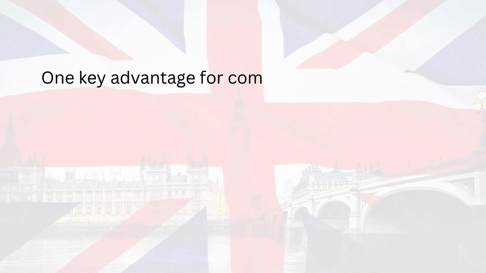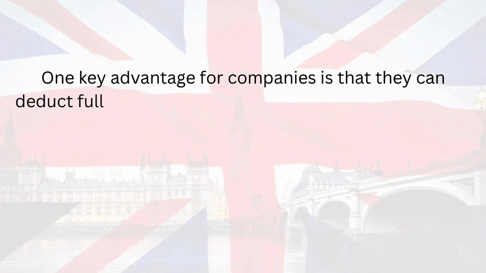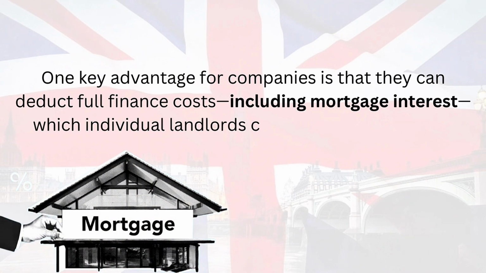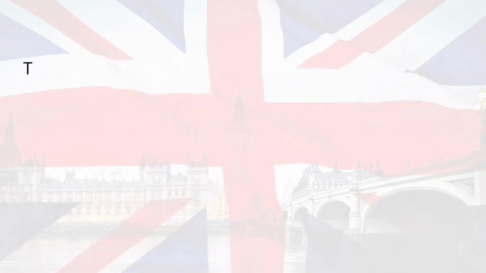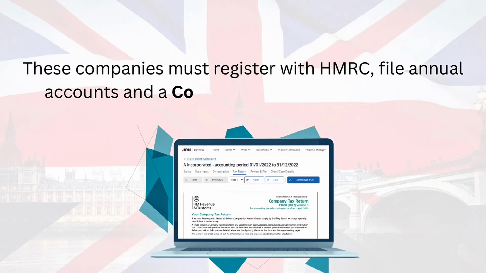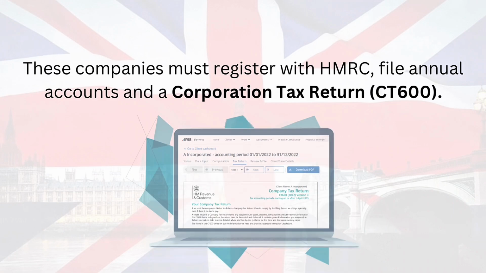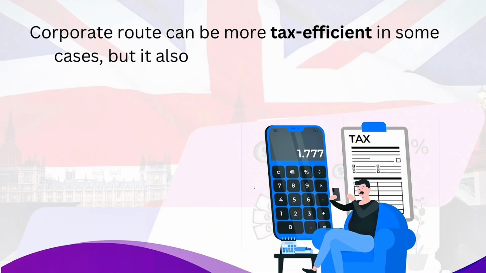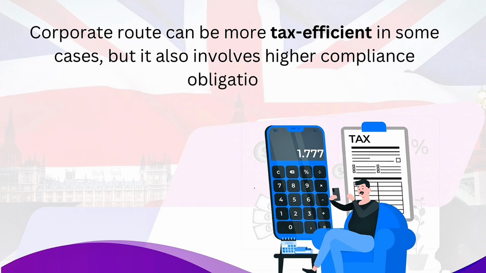One key advantage for companies is that they can deduct full finance costs, including mortgage interest, which individual landlords can no longer fully claim. These companies must register with HMRC, file annual accounts and a corporation tax return. The corporate route can be more tax efficient in some cases, but it also involves higher compliance obligations.